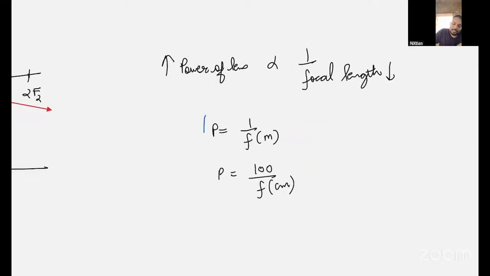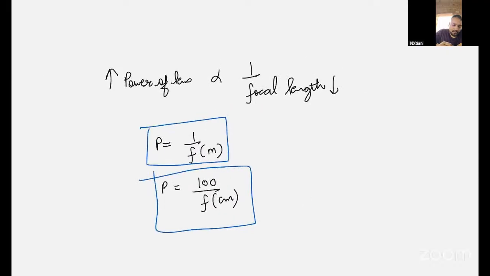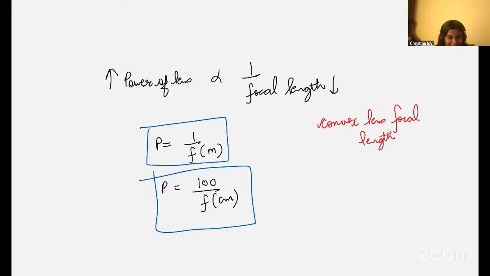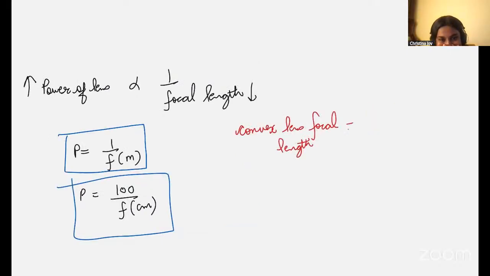Now listen, guys. We learned yesterday, Christiana, if you forgot, can you tell me what is a convex lens focal length? Is it positive or negative? Positive, sir. Are you sure about that? Yes, sir.